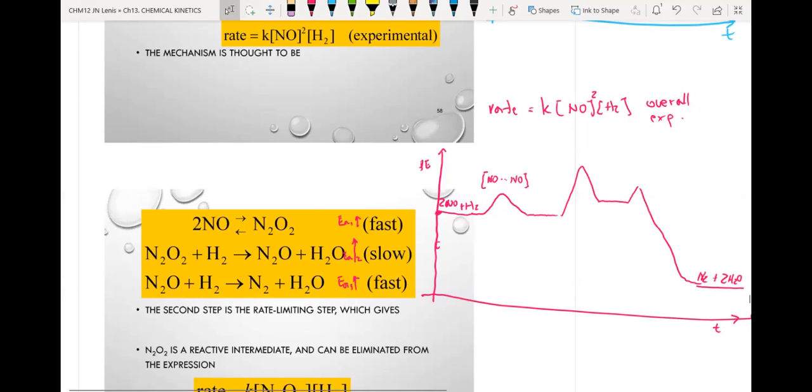It's 1. Notice that on the first step, H2 has nothing to do with that step. H2 is not working. The product of the first step, as you can see here, is N2O2. Now that species is going to work with hydrogen.